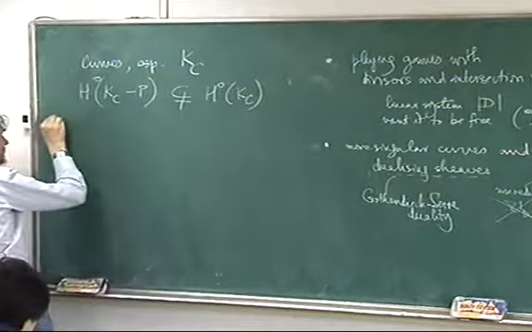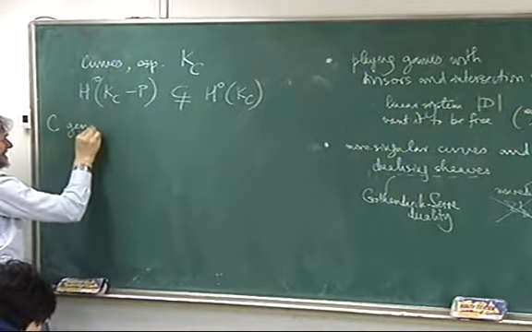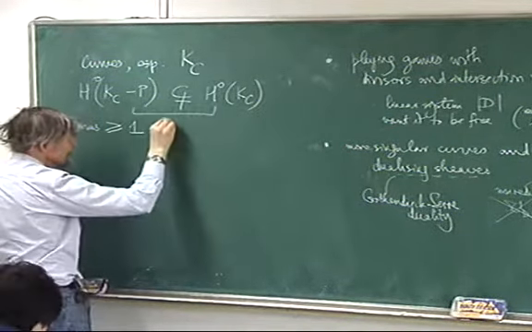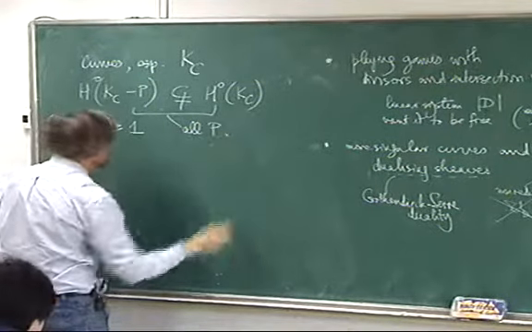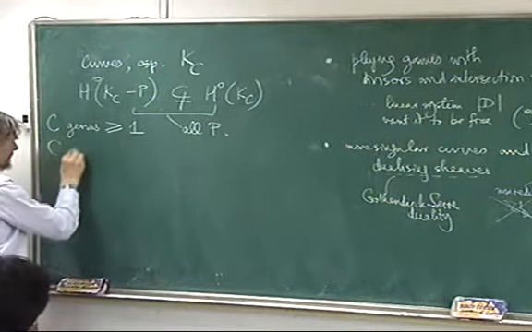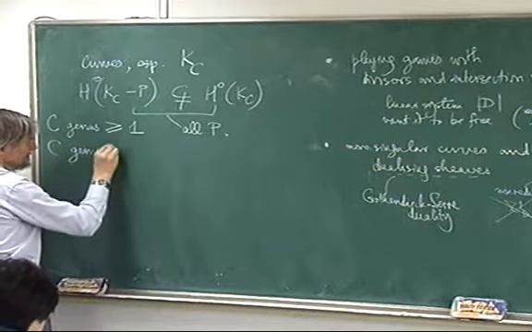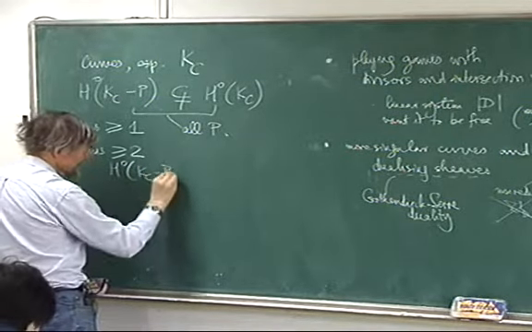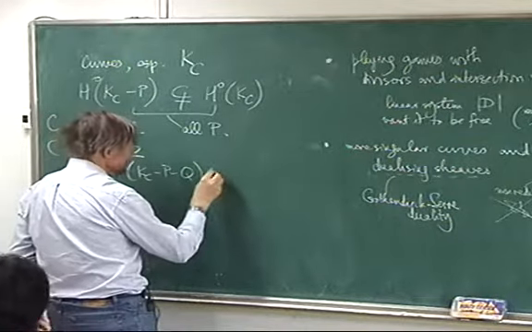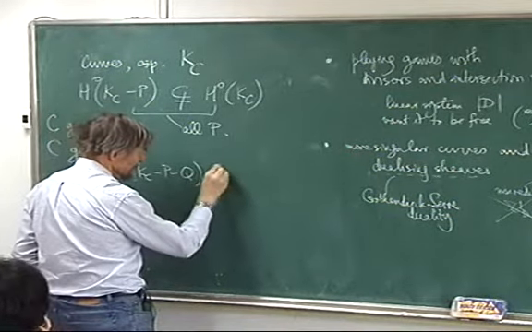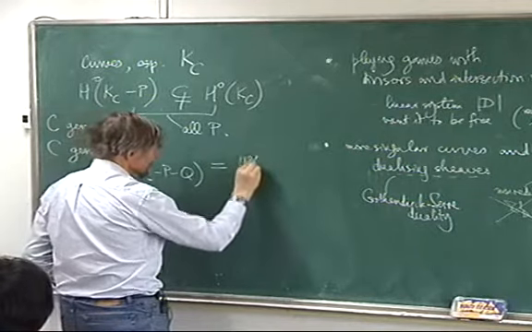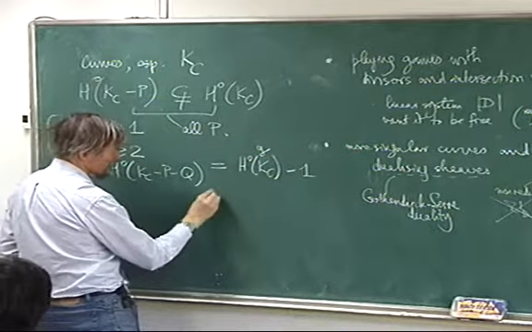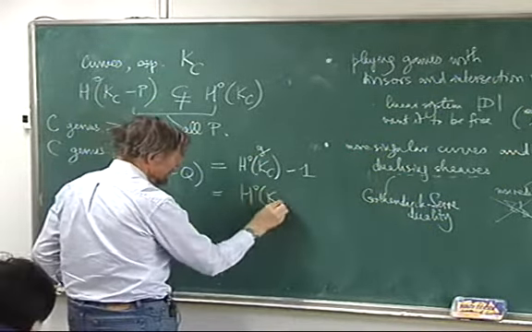So if C is of genus greater than or equal to 1, this is for all P. And if C is of genus greater than 2, then also H naught of Kc minus P minus Q, so there are two cases here. This could be equal to H naught of Kc minus 2, or it could be equal to H naught of Kc minus 1, this is the genus minus 1.